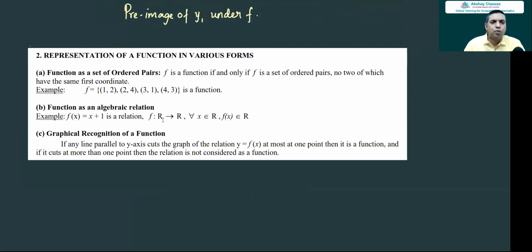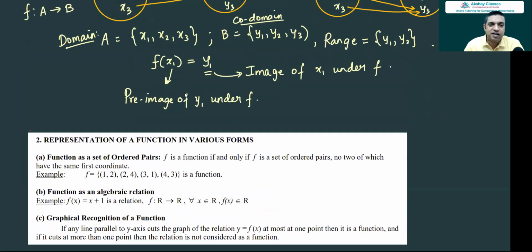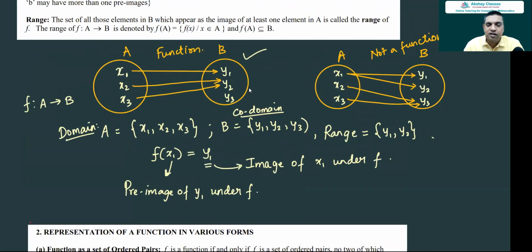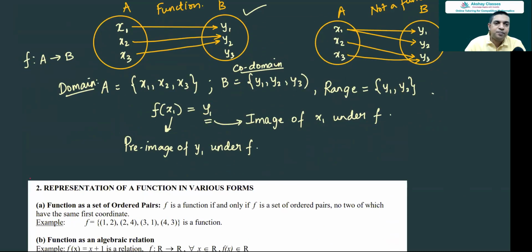So in set form, the functions are represented as a set of ordered pairs like this: (1, 2), (2, 4), (3, 1), (4, 3) in the example that we have taken here. We can write the function as f equal to, in this example, what will be f?